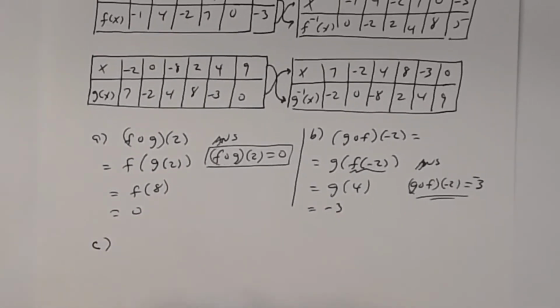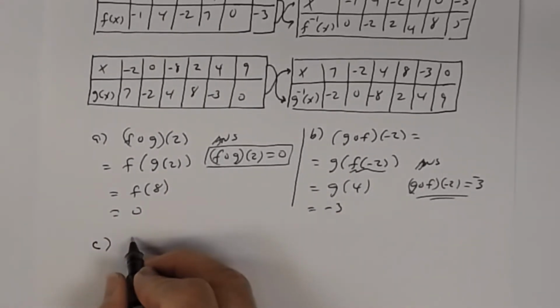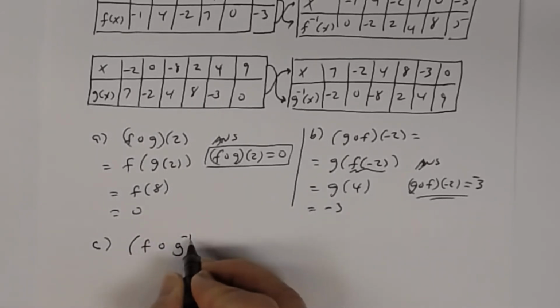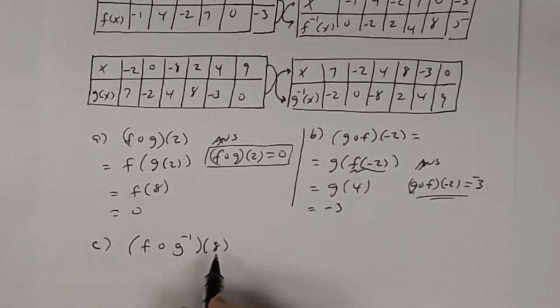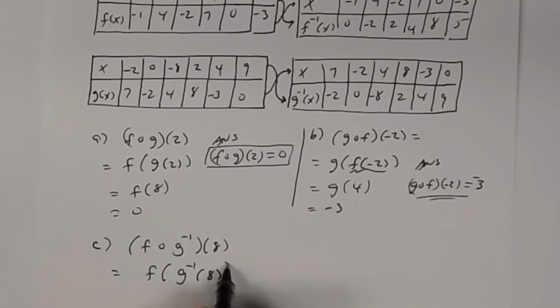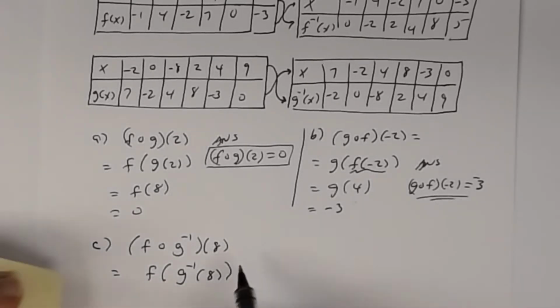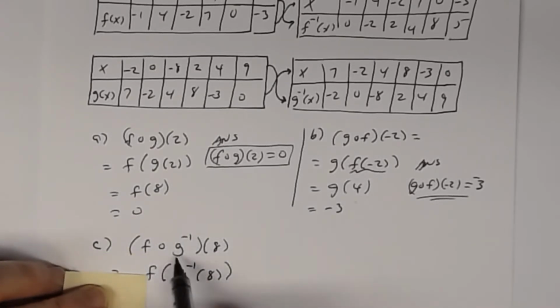So let's look at C. So C, you have f composed with g inverse at 8. Well, by definition, this means f of g inverse of 8. That's what that means, okay? So f of g inverse of 8.